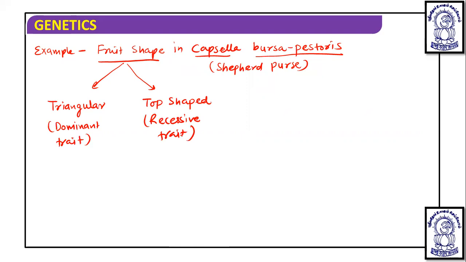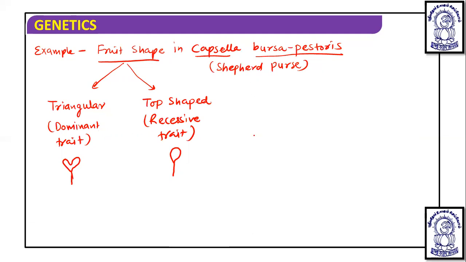If we talk about these two traits, triangular means the shape of the capsule, or capsule is the fruit. And if it is like this, then it is known as top shape or elongated. So what duplicate gene says: if both the genes are in a dominant condition, or if any one of these two genes is in a dominant condition, then it is going to produce the triangular dominant trait.